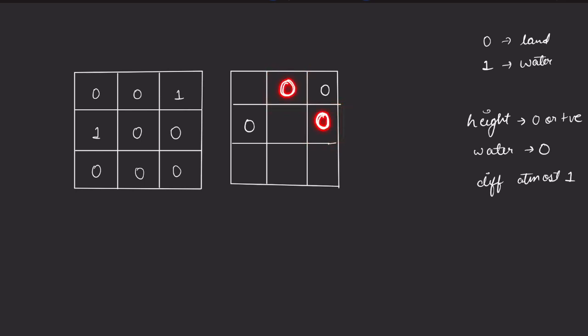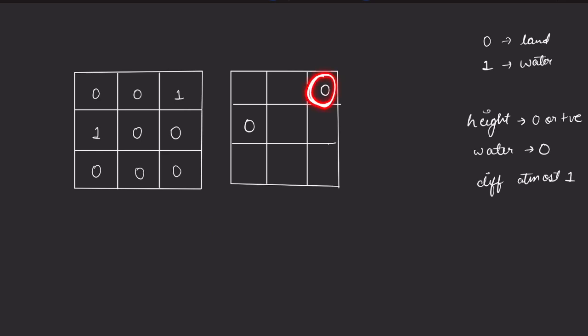The difference will be at most 1 and the height is also 0 or positive. Then for this cell also I can give 0, and everywhere I can give a 0. This is one of the possible solutions. But here we are not maximizing the maximum height. In this case, the maximum height in the matrix will be 0, but we can maximize it further.